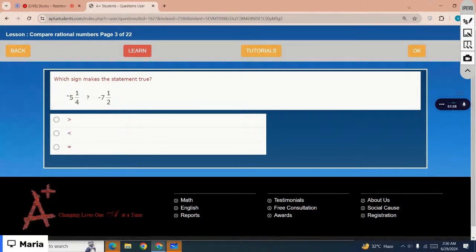Which sign makes the statement true? Negative 5 whole 1 by 4, negative 7 whole 1 by 2. Which is the correct option?